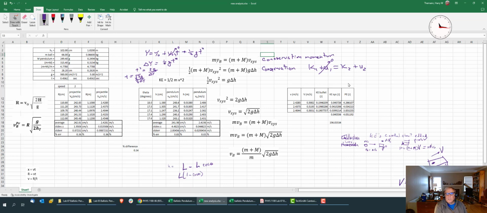And then when the pendulum reaches its highest point, it turns around. So briefly, its kinetic energy is zero, and it's all potential energy, which is the total mass times the acceleration of gravity times the change in height from the zero position.